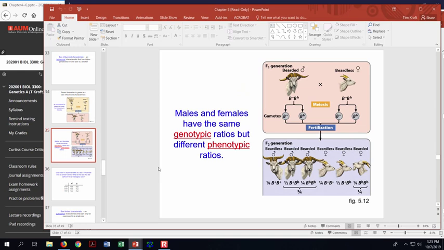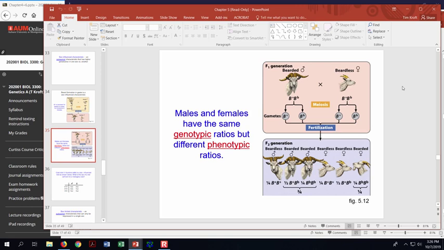If you want to figure out whether something is sex influenced or not, you will just do a regular old cross, right? In this case, you have two heterozygotes and you cross them to each other. You can tell something is sex influenced if the males and the females have different phenotype ratios.